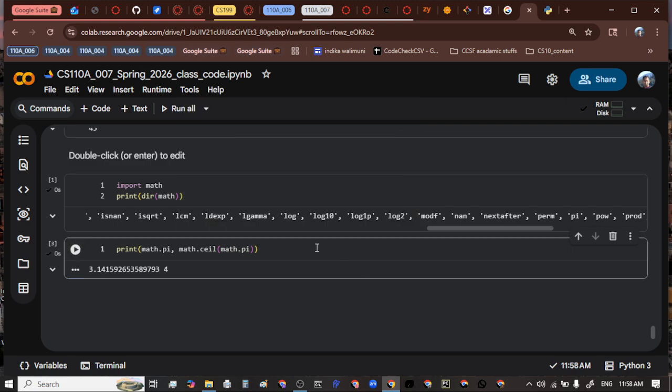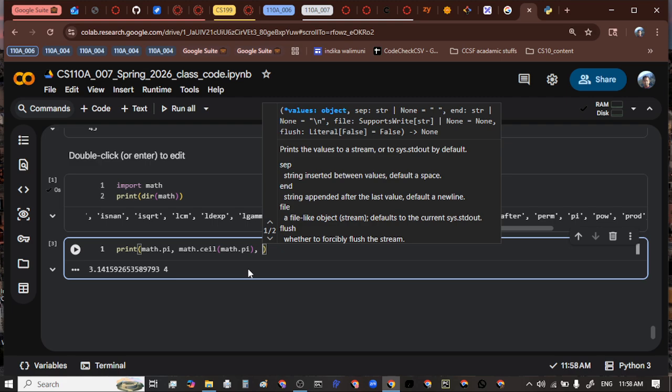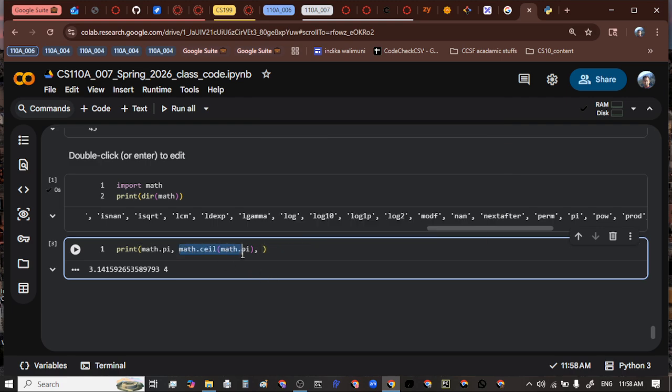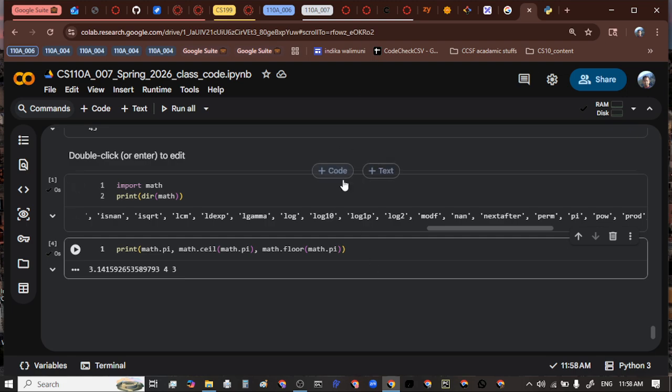So it's rounding up. If I use the other function, floor, it's rounding down, so I get 3.